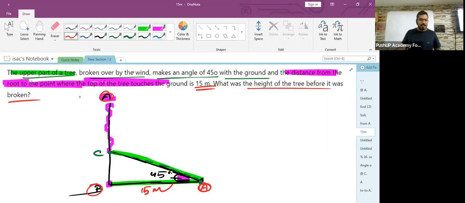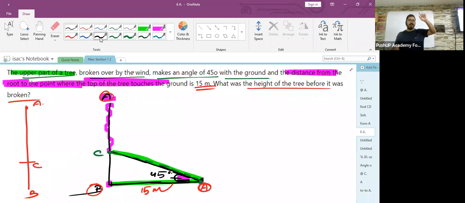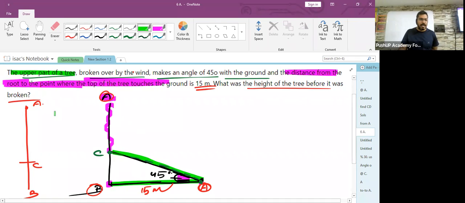So children, let me explain one important concept here. What is the actual height of the tree? It is AB, isn't it? At this point, it broke at point C. So if you want to find the total height of the tree, first you need to find the value of AC.